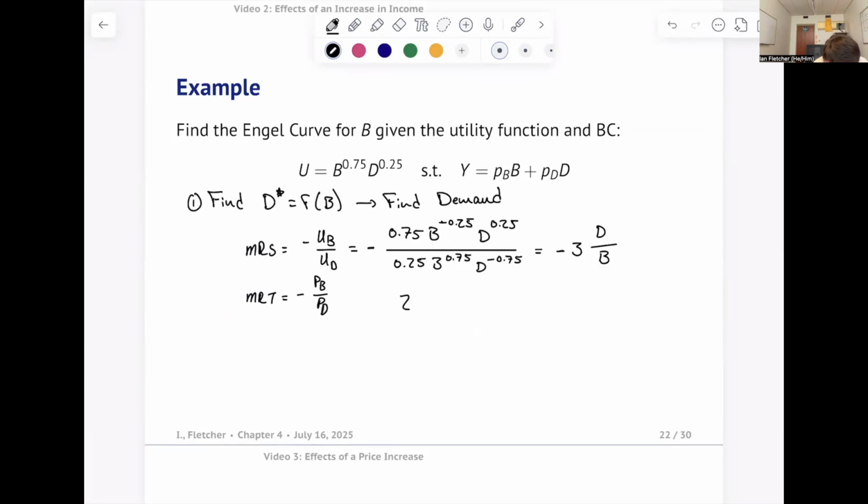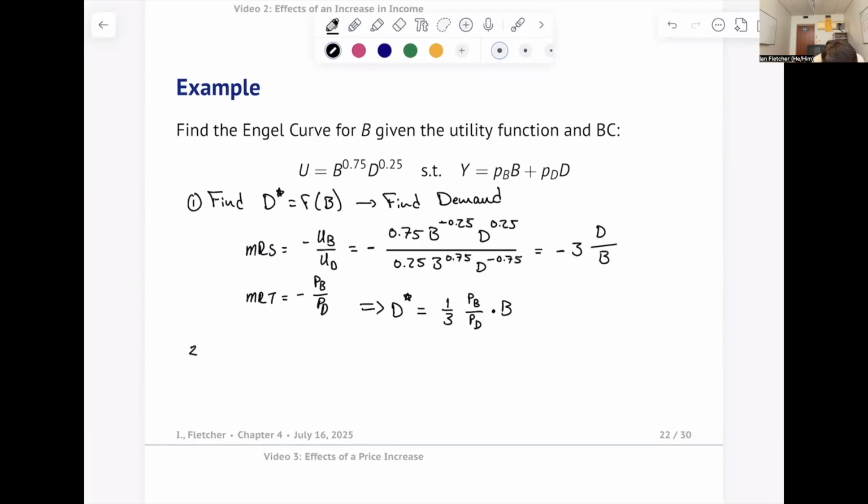And so putting these together, D star, not Z star, my fault, should equal 1/3 PB over PD times B.